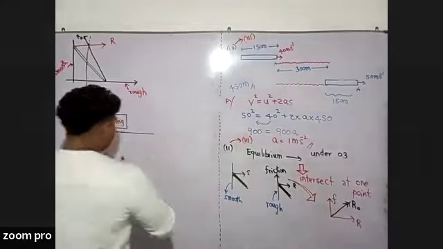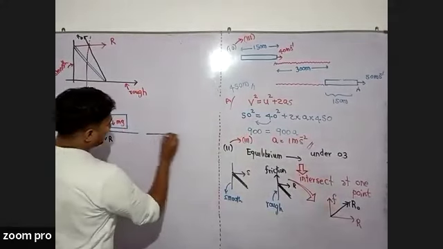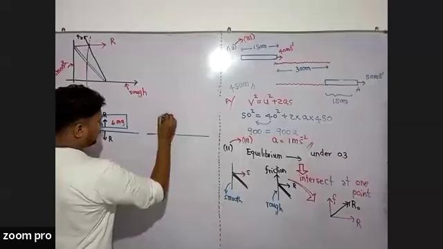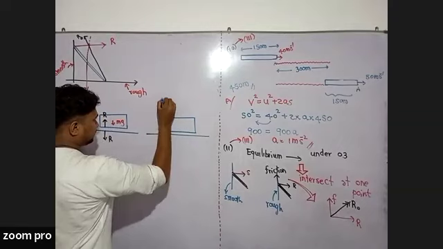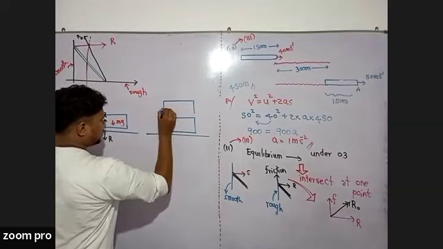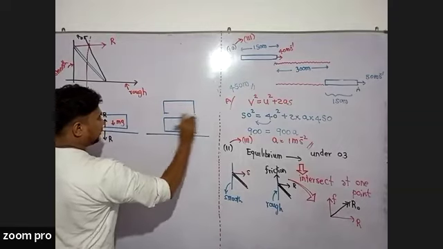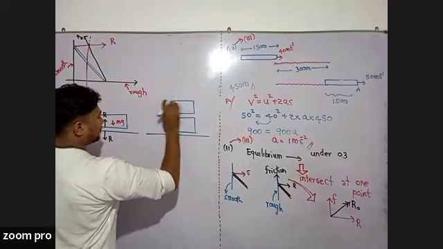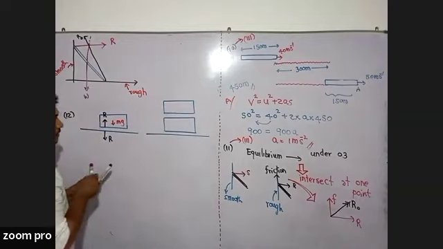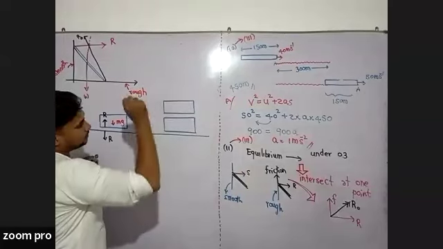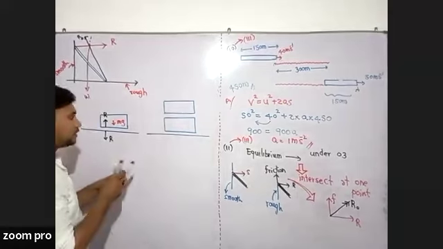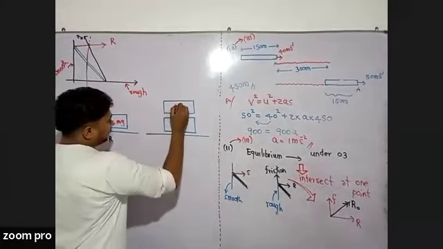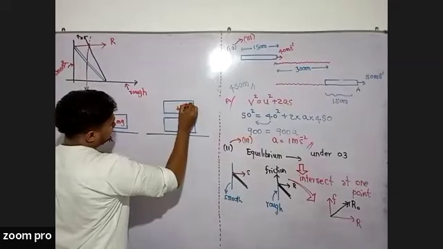Okay, so let's consider two coins. I draw the coins keeping a gap, right? So let's mark the forces, starting from the free end. So this is the free end, isn't it? The first one is weight.